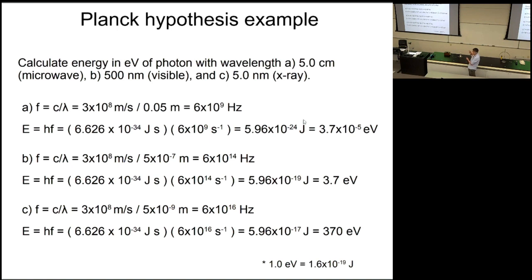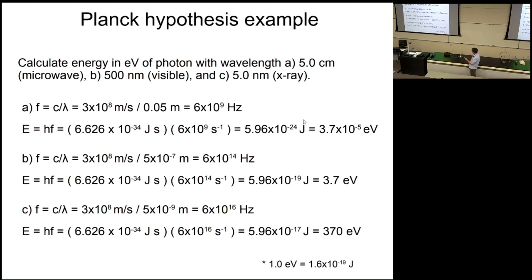So this is a much, much higher frequency in visible light, a much, much shorter wavelength. And likewise, if we go up to X-rays, same calculation, the speed of light divided by the wavelength of the X-rays, that's now 5 nanometers, we get 6 times 10 to the 16 hertz. So we have this progression of increasing frequencies as you go from the microwaves to the visible light to the X-rays. And that's obviously what we'd expect.